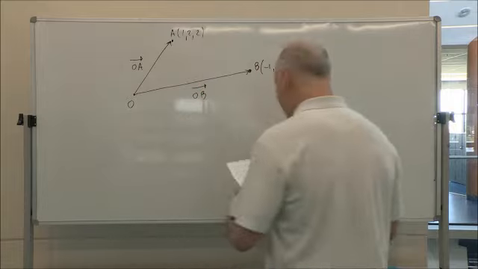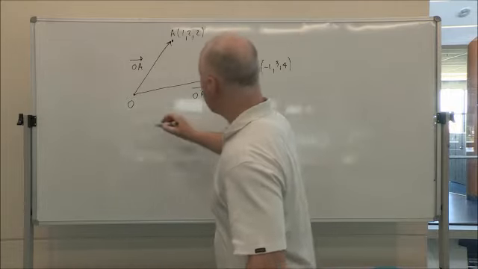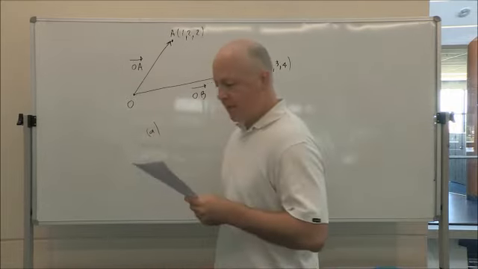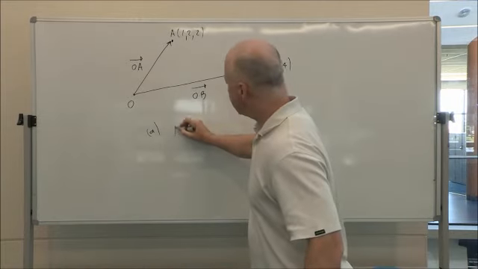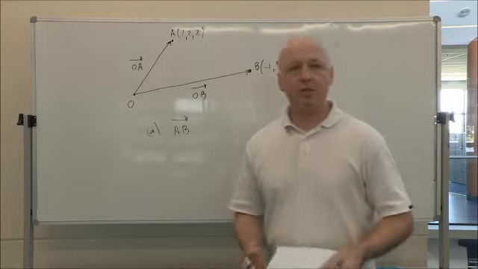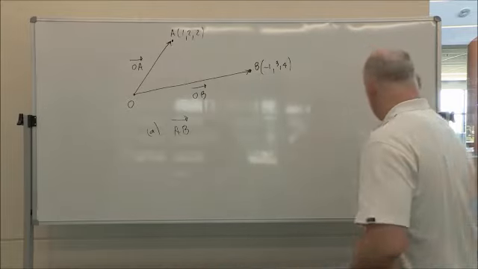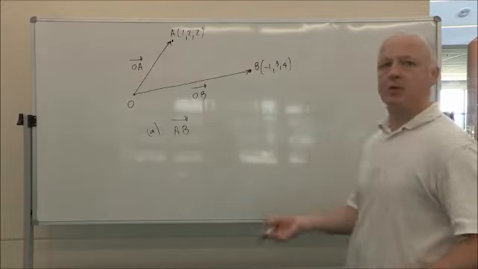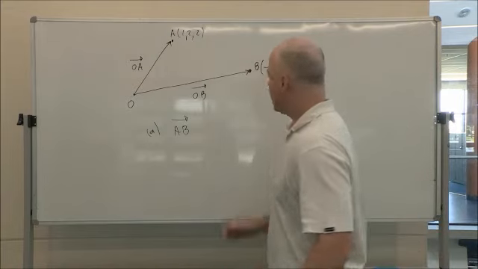Now, the first question, Part A. We've been asked to find an expression for the vector AB in the form ai plus bj plus ck, in other words, the Cartesian form of a vector.